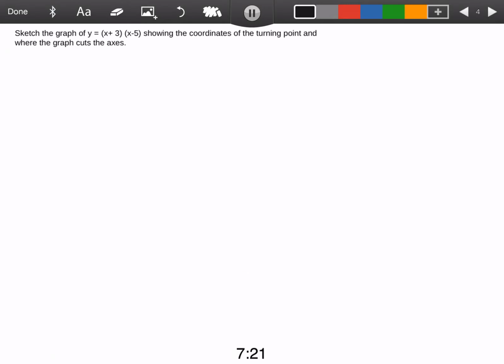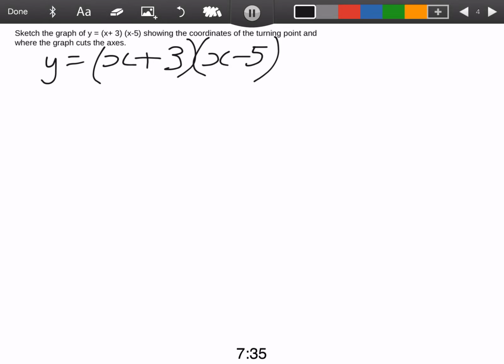Sketch the graph, showing the coordinates of the turning point and where the graph cuts the x-axis. Okay, we covered this in, again, I'm not sure whether it was lesson 3, 4, round about there, possibly. What we can find from this is we can actually find the roots. What we're doing is setting the y value equal to 0.